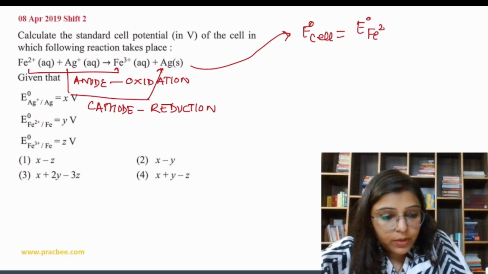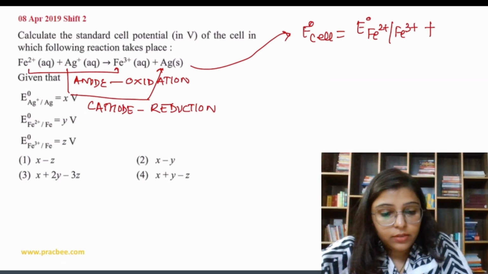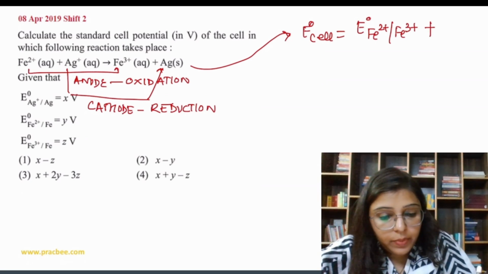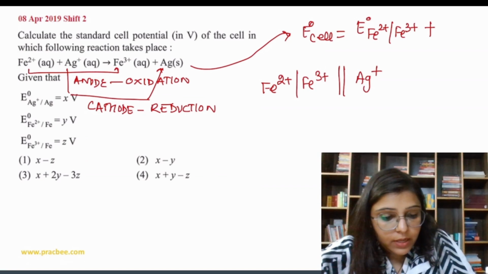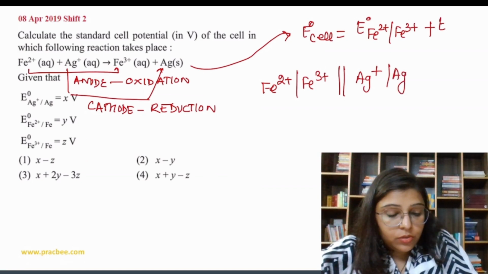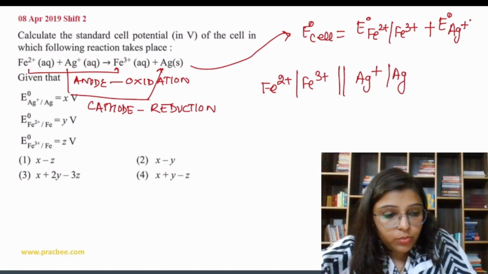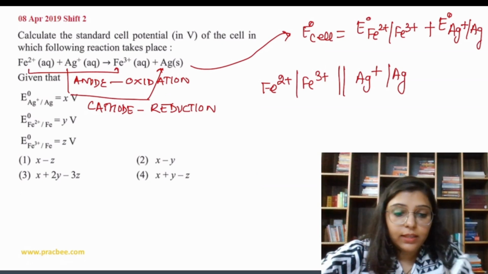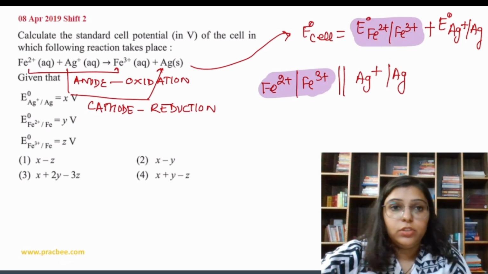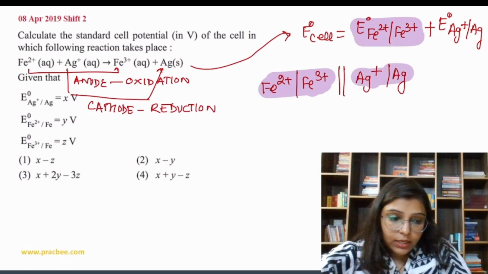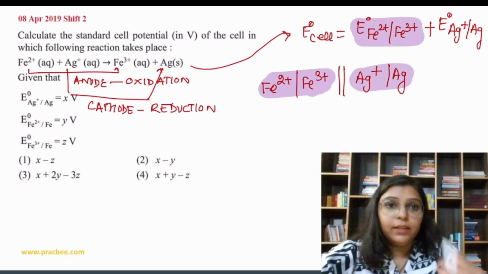So in order to find E naught cell, we write Fe2 plus, Fe3 plus, then the salt bridge, and then Ag plus, Ag. For oxidation we have to take the standard oxidation potential, and for reduction we take the standard reduction potential.